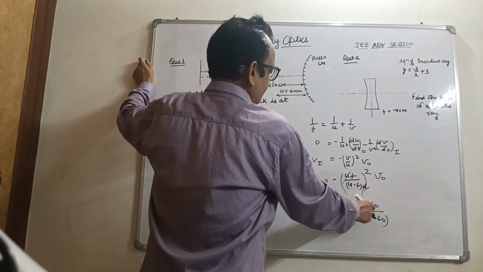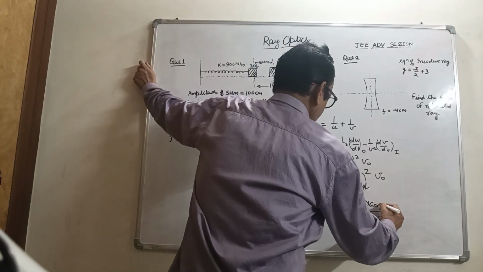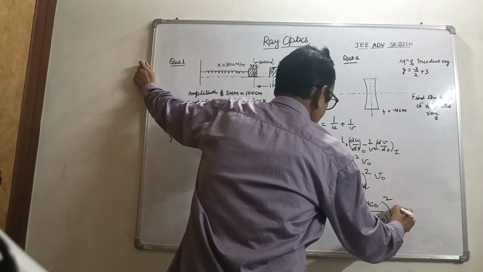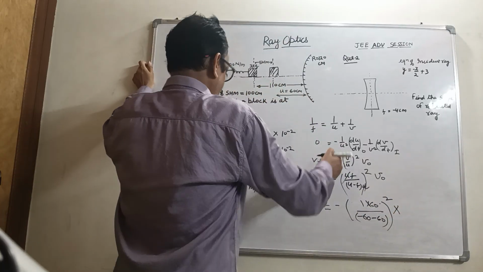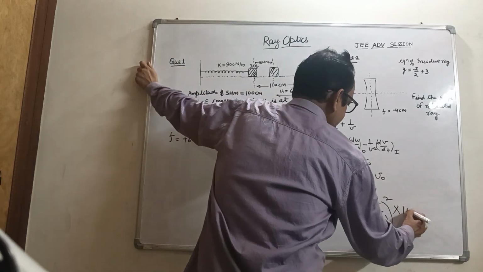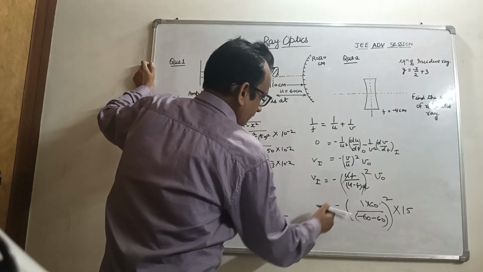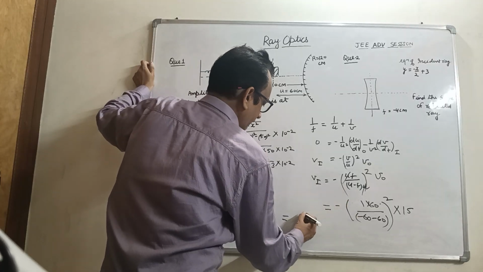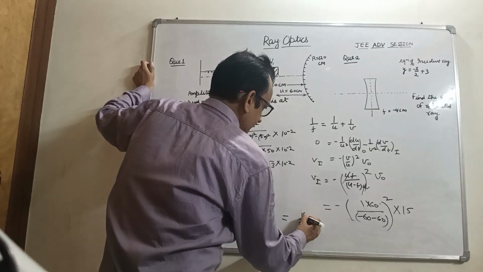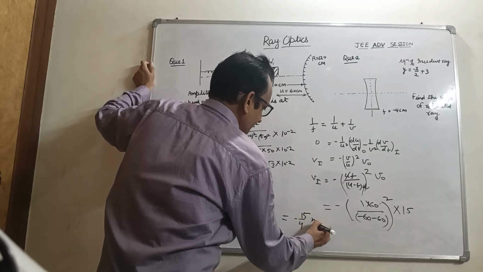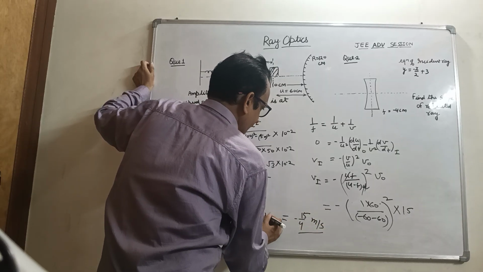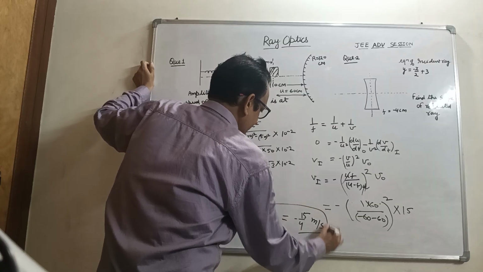Squaring this, with velocity of object 15, this becomes 1 by 2, 1 by 4. This becomes 15 by 4 meter per second. This is the velocity of the image.